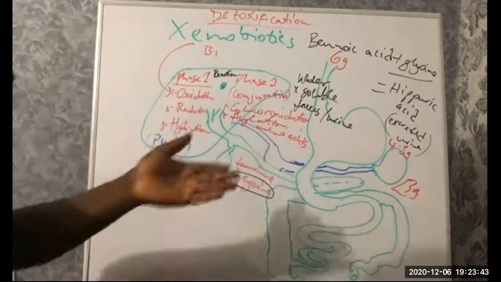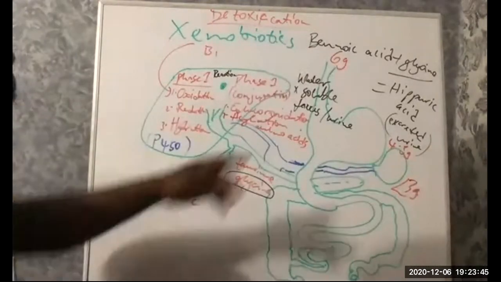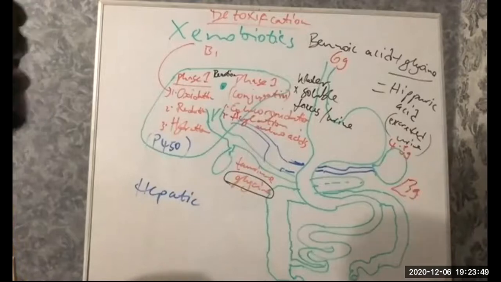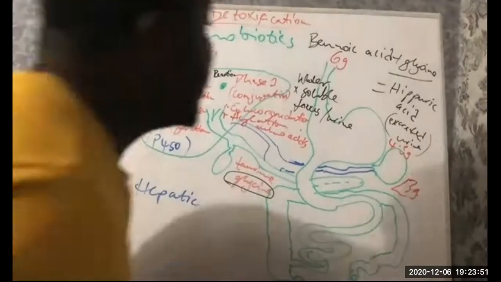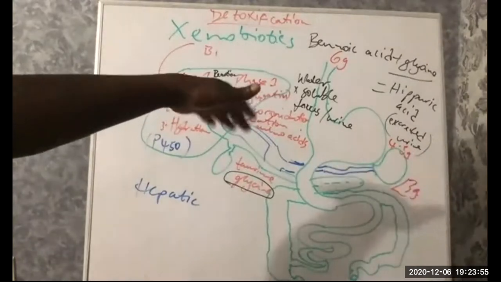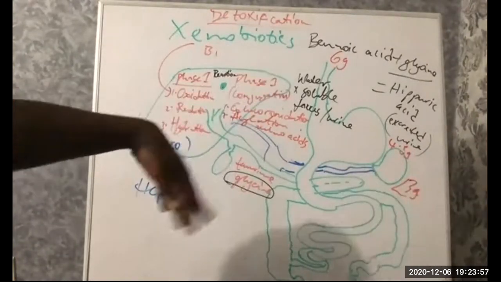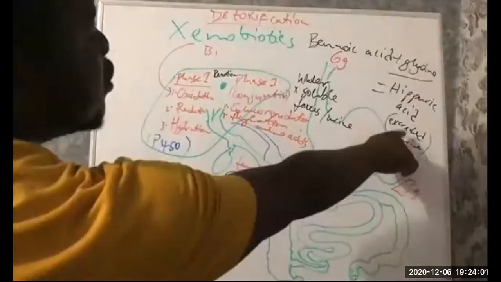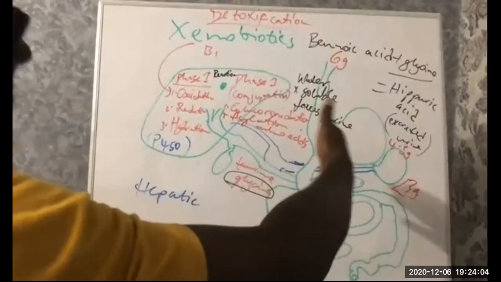Okay, so in the lab, you give the patient 6 grams of sodium benzoic acid in water, about 250 ml, and you do it in the morning, 2 hours after the person has taken a light breakfast. Then you wait 4 hours. You collect the person's urine over 4 hours.